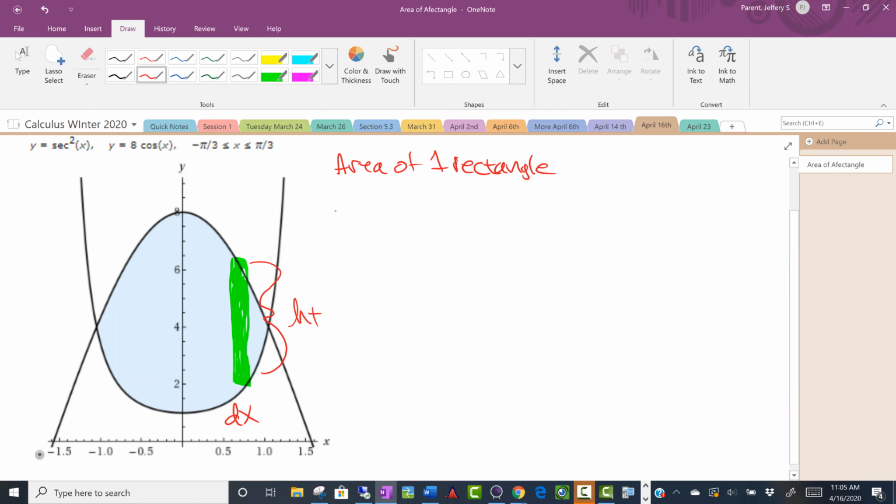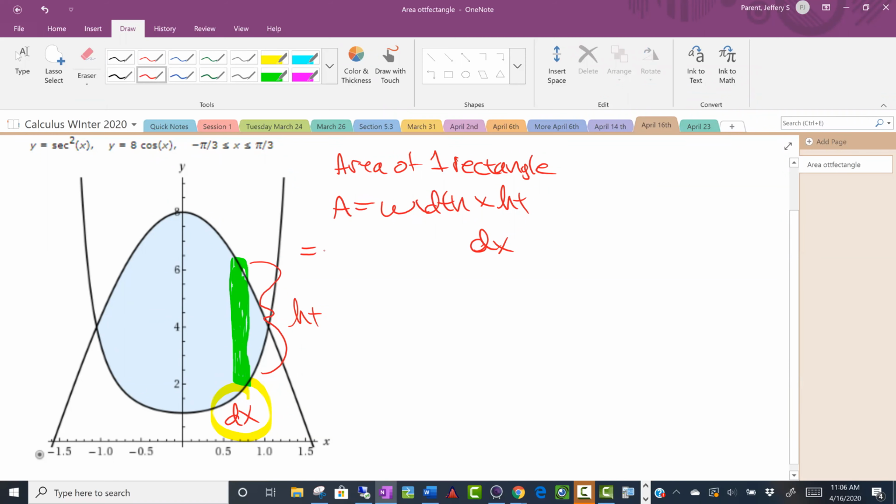Well, the area of one rectangle is going to be the width times the height. And the height is kind of nice because it's just going to be our dx term. But it's important to have that dx term there because that tells us what you're integrating with respect to.